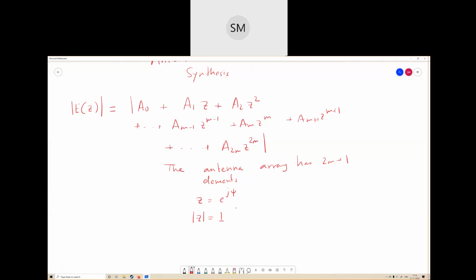So we can multiply here with mod of z to the power minus m. That will not make any difference. We can write this.